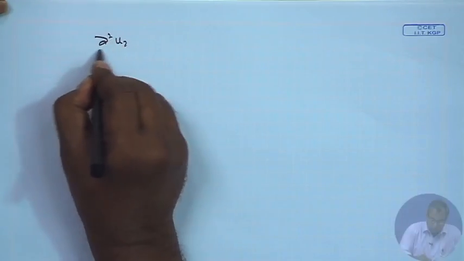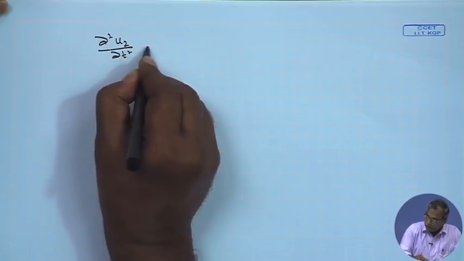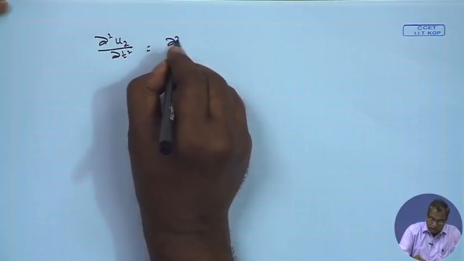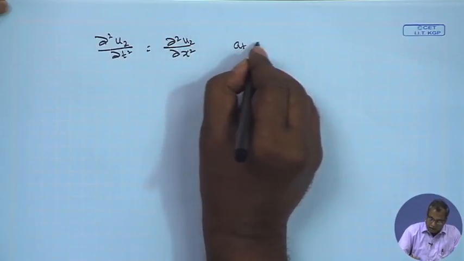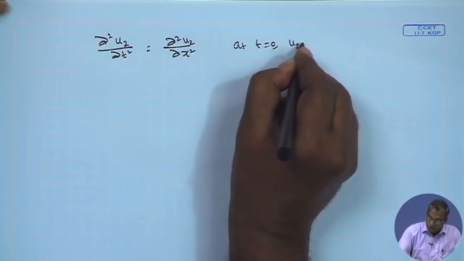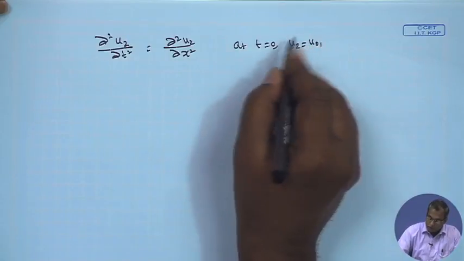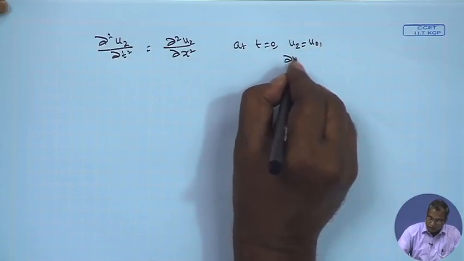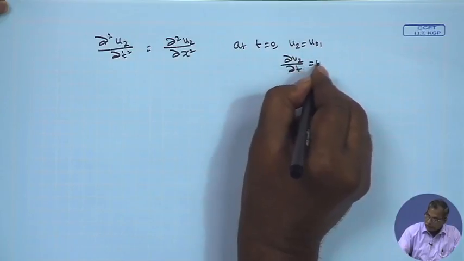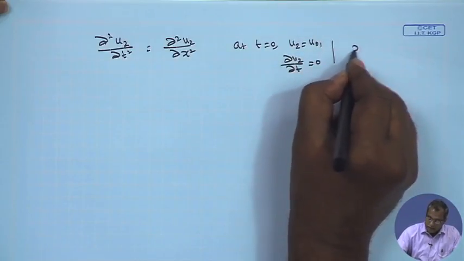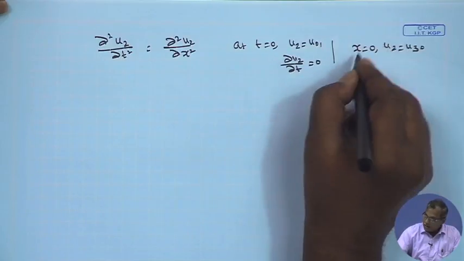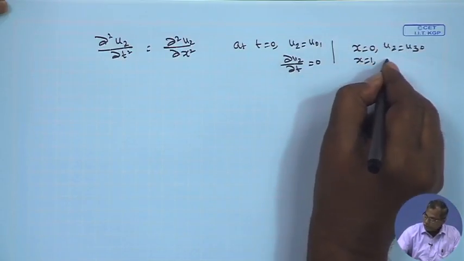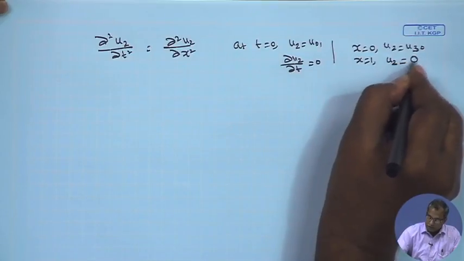Now, let us look into the problem of u 2. del square u 2 del t square is equal to del square u 2 del x square. At t is equal to 0, u 2 is equal to u 0 1, and at t is equal to 0, del u 2 del t will be equal to 0, and we have at x is equal to 0, u 2 is equal to u 3 naught, and at x is equal to 1 we have u 2 is equal to 0.